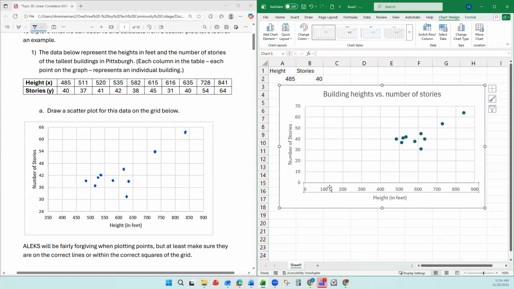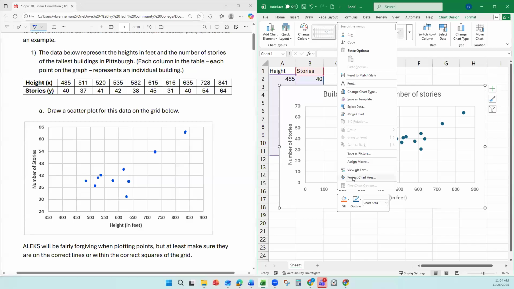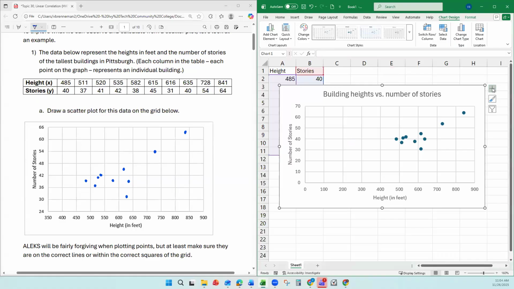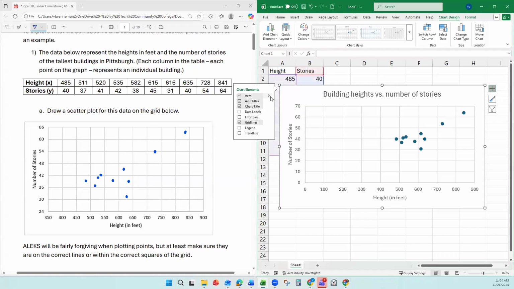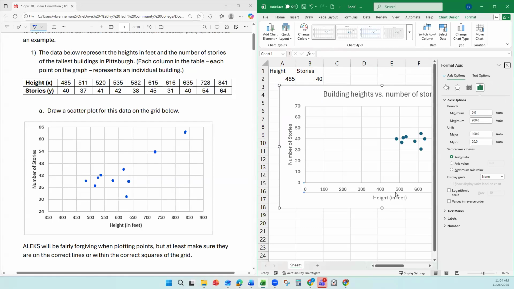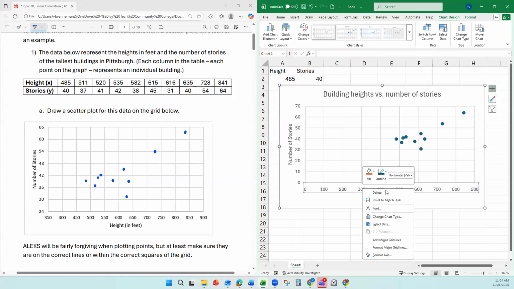I can click on just where these numbers are, right click there, and go Format Chart Area. You can also access that through the plus here. Axes probably has more options.